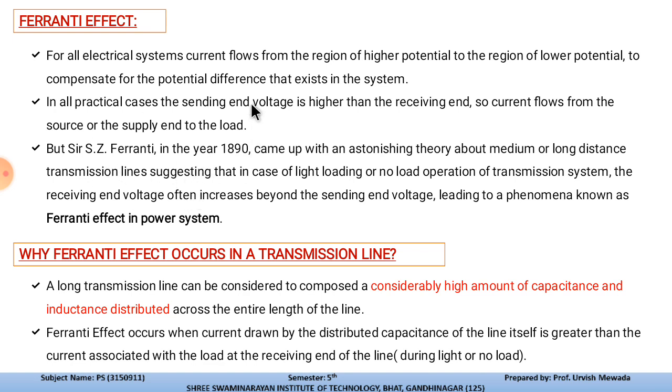But how will this voltage increase, let us discuss. Why the Faraday effect occurs in the transmission line, we will discuss in the next topic. The Faraday effect generally occurs in a long transmission line. Generally, it can be considered that a considerably high amount of capacitance and inductance is distributed across the entire length of the line.